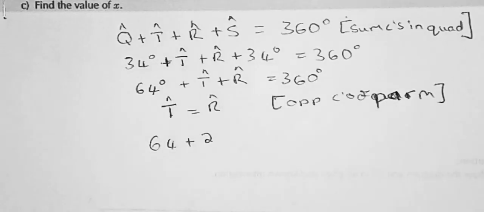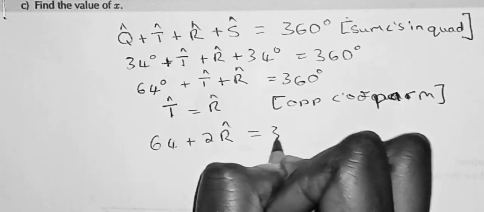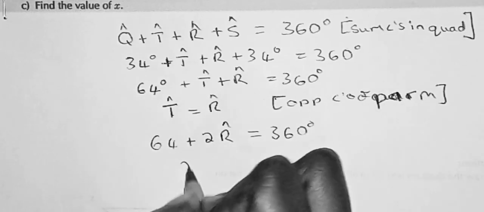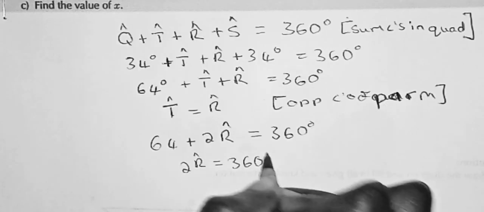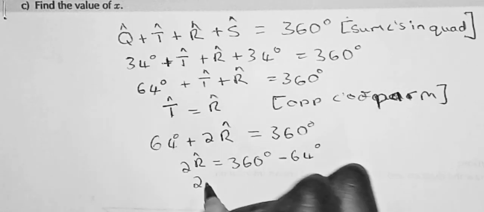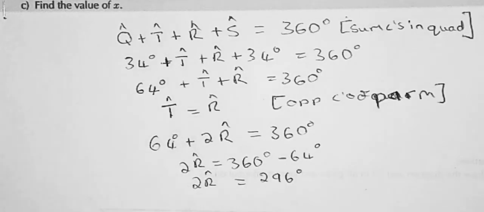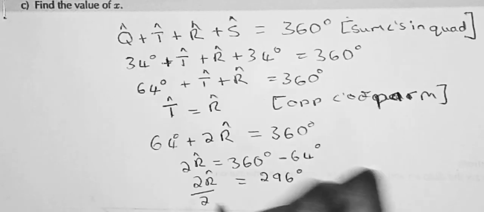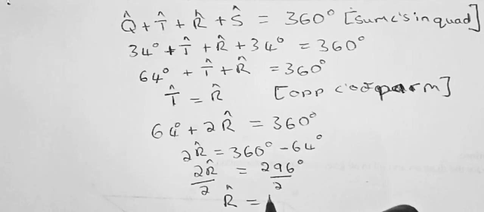I'm choosing R, so 2R is equal to 360 degrees minus 68 degrees. 2R is equal to 292 degrees, and you divide both sides by 2, and then angle R you get 146 degrees.